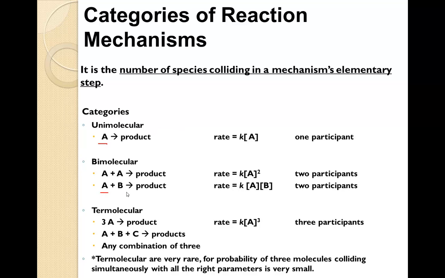Bimolecular, you have two things that have to combine in order to create the product. And termolecular, which is very rare, has three things hitting each other in order to make the product. The probability of three molecules colliding simultaneously with all the right parameters is very small, so it's very rare.